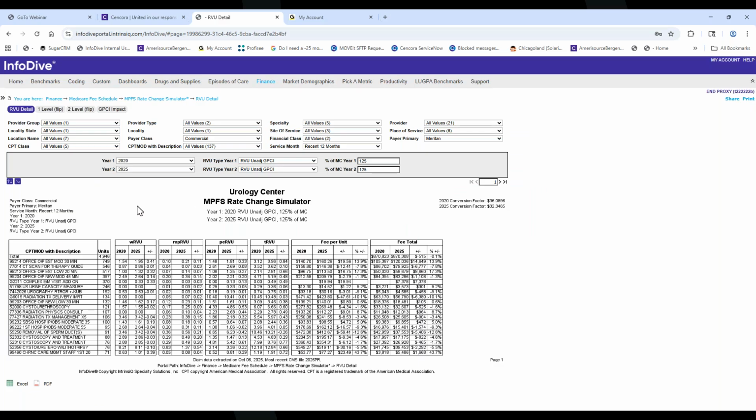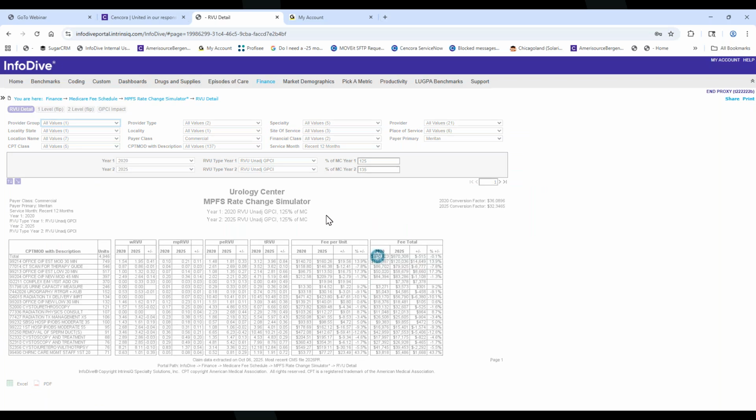So how do you use this to go negotiate? You might say to Meritan, okay, look, in 2020, when we signed our contract and we agreed that we'd get 125% of the Medicare fee schedule, whatever the current Medicare fee schedule was, that was okay. But since then, the conversion factor has gone up and down. RVUs have changed. And in order for us to at least just break even in 2025 or 2026, we need to get at least, we'll just say 135.